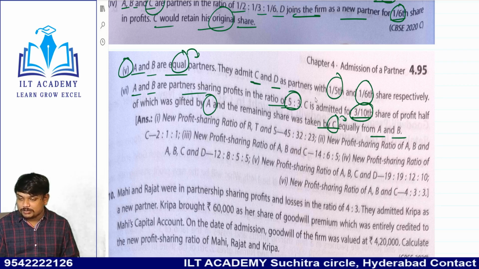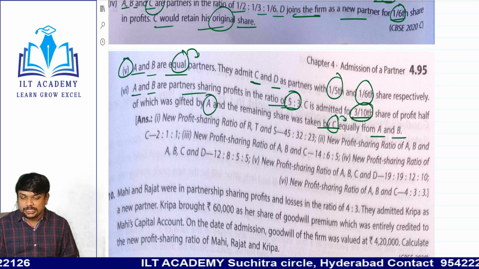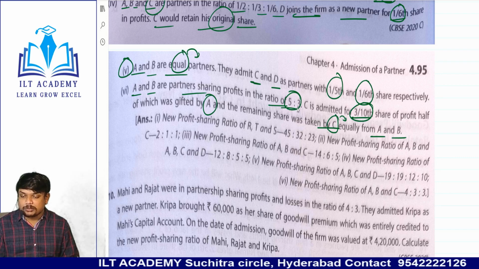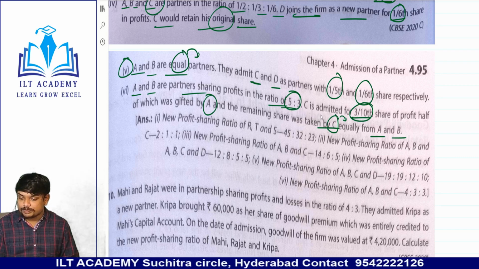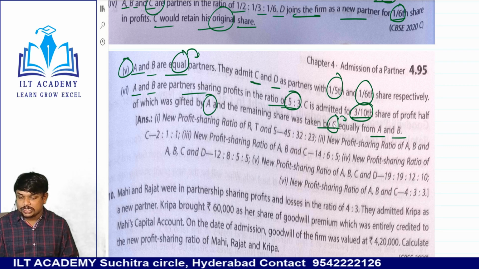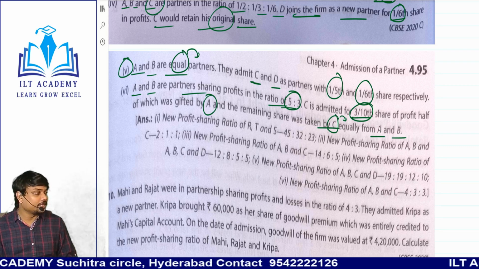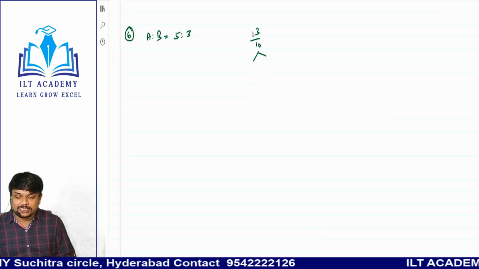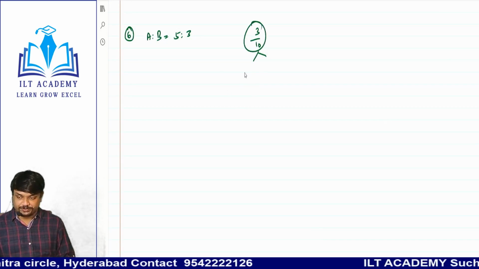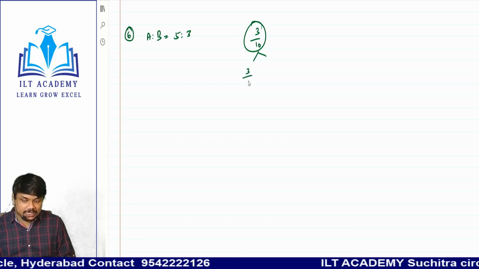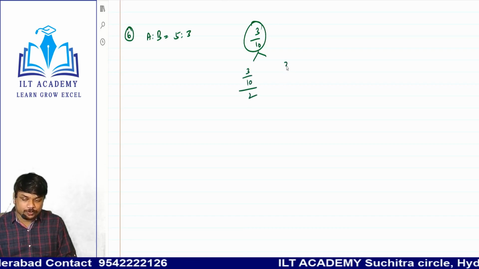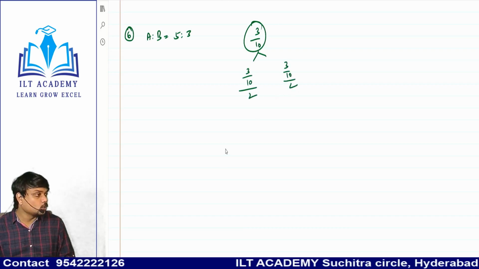Nice. Half of which 3/10, what does that become? 3/20. 5/8 minus 3/20. Share was taken over by C equally from A and B. Look at this carefully. First 3/10. Half of 3/10 is how much? 3/10/2. Remaining 3/10/2. Clear?